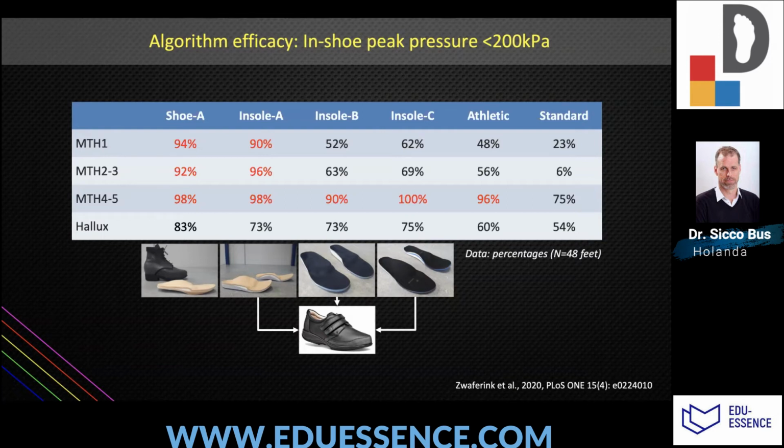And these percentages were higher compared to other pressure-optimized and pressure-driven, data-driven footwear designs. So this approach shows to be effective when it comes to relieving pressure underneath the diabetic foot.